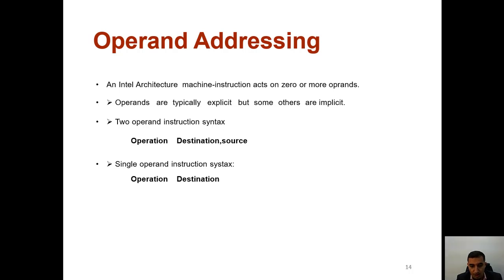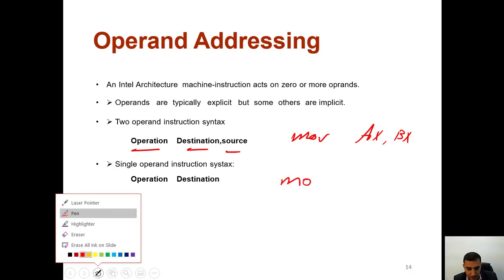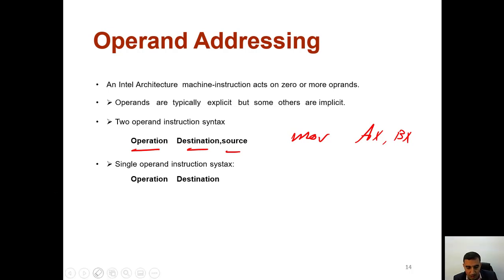Usually we have the operation, destination, and source, such as move AX, BX, which is a 2 operand instruction, and we can have a single operand, such as mul BX.